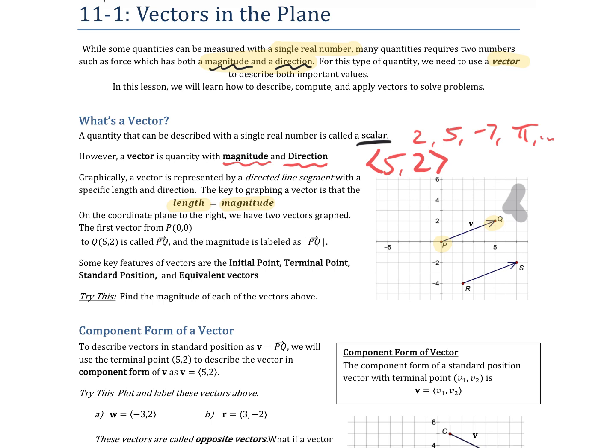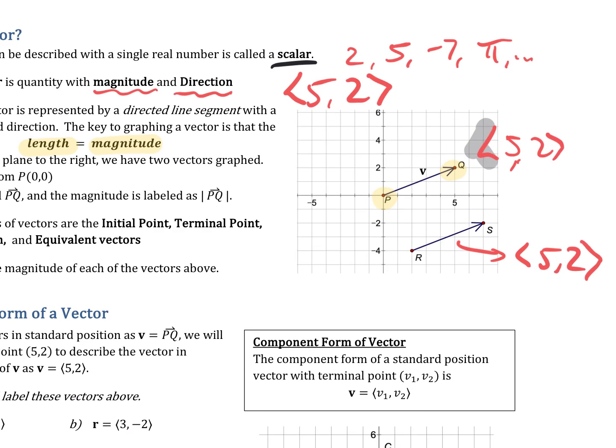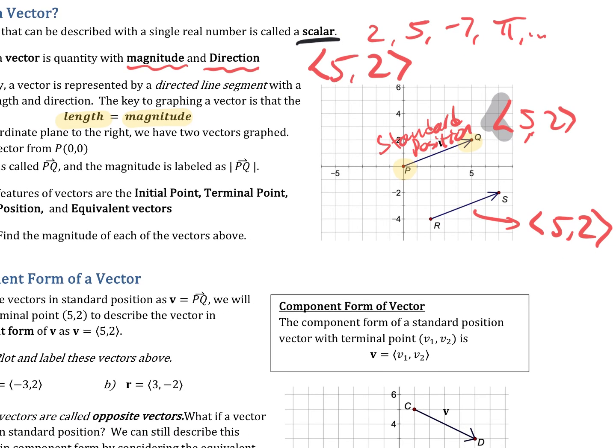Or we could start somewhere else. This vector right here is also <5, 2>. These are what we call equivalent vectors. The vector starting at the origin is in standard position, and the one down below is not in standard position.